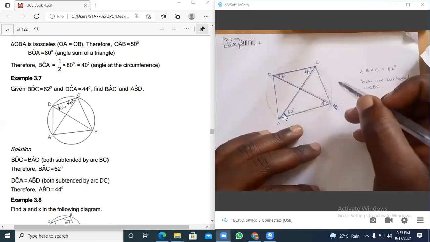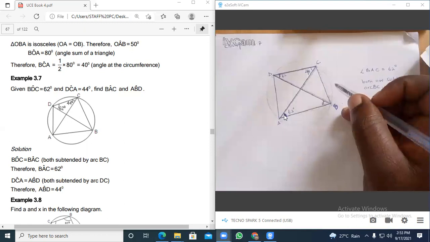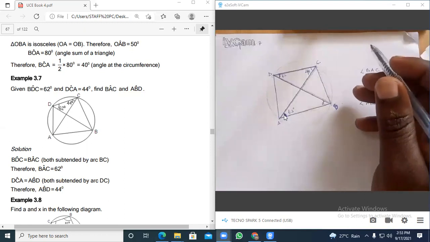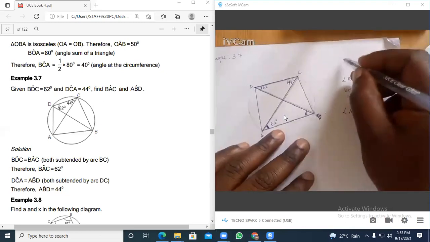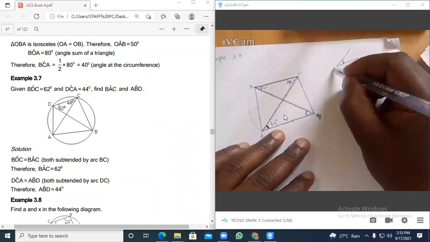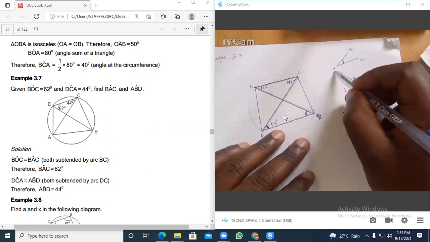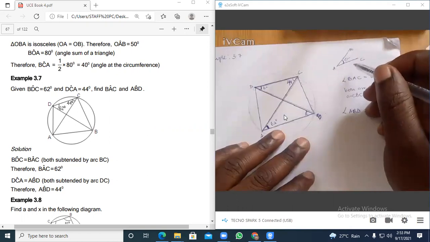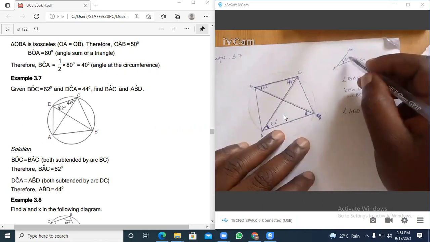If there is an angle, normally we use the word subtended. You can say the angle subtended at this point. For example, if you have an angle here, A, B, C, you can say the angle subtended at point A is theta.